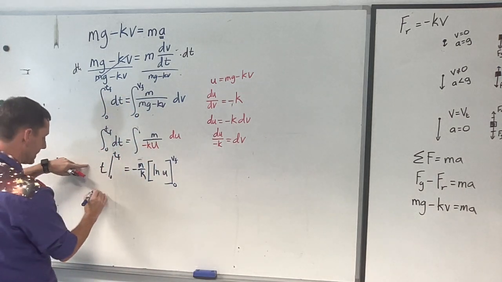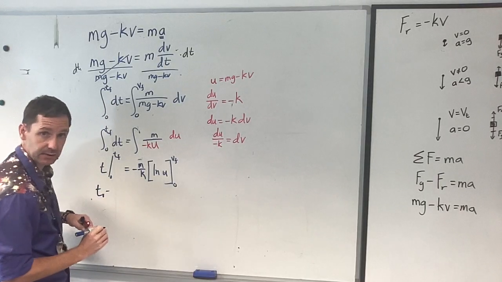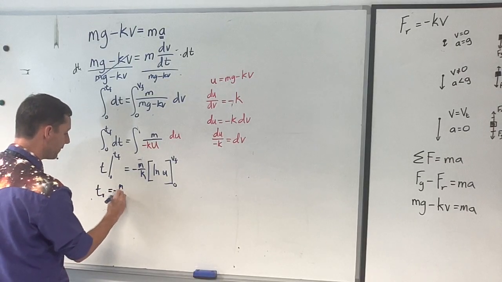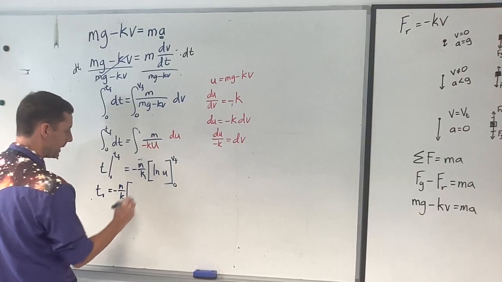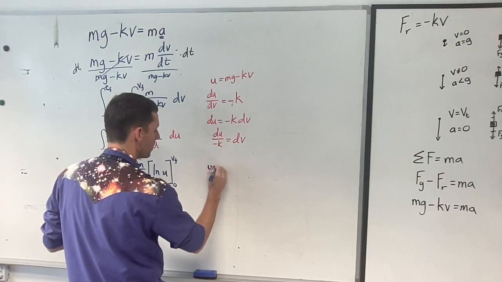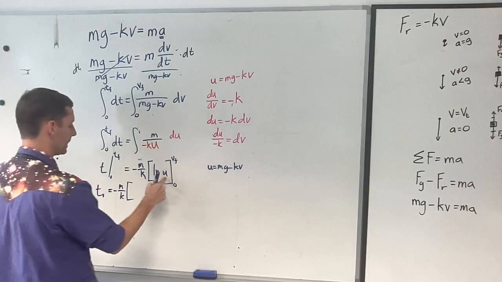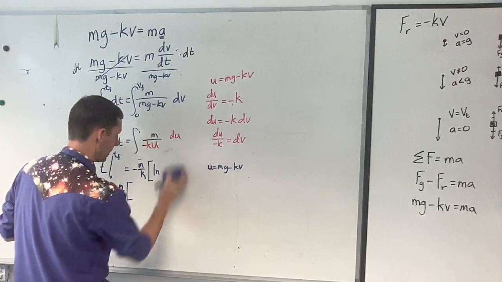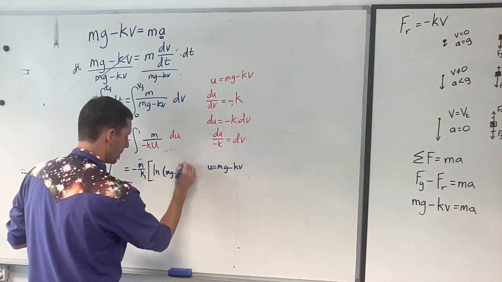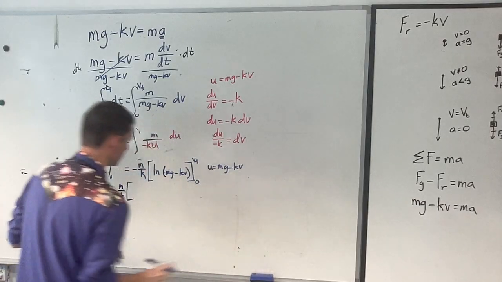So this is going to be t, v minus t0, which is 0, so that's just going to be by itself, equals negative m over k times, oh, I need to put in the u. U is mg minus kv, so I'm going to put that back in here. So mg minus kv, and that's from 0 to that final velocity, whatever that velocity is.